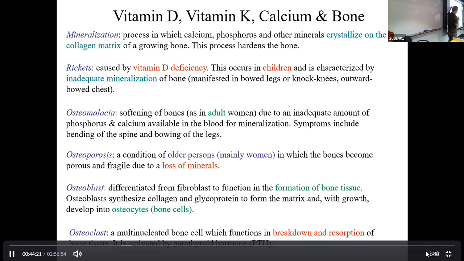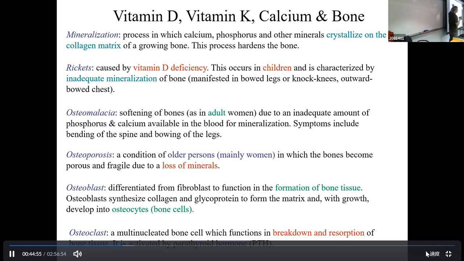Of course, rickets is the typical situation in which you have calcium and or vitamin D deficiency, and it happens in children. When we say mineralization, it is the process in which calcium, phosphorus, and other minerals crystallize on a collagen matrix to form the bone and harden the bone.